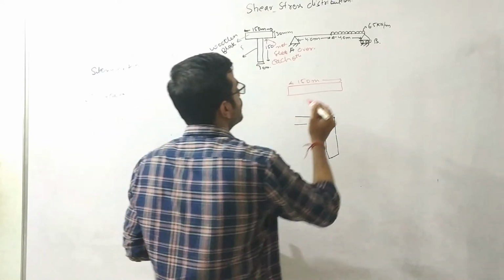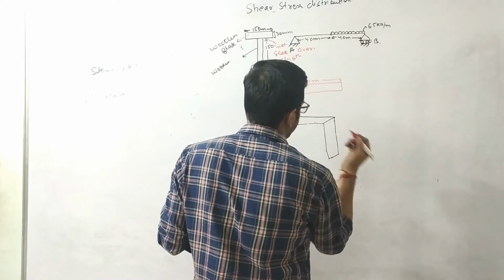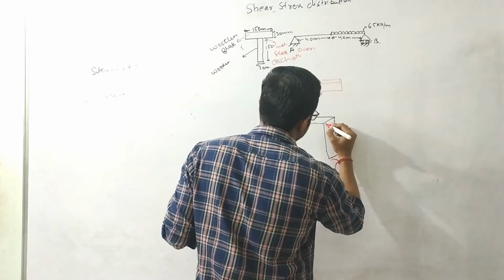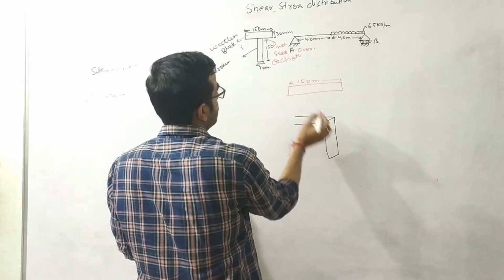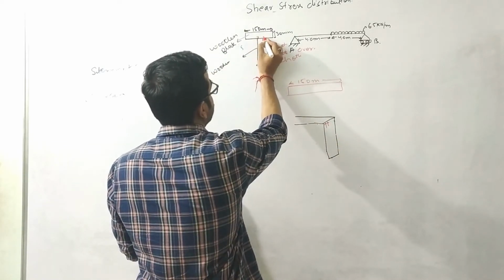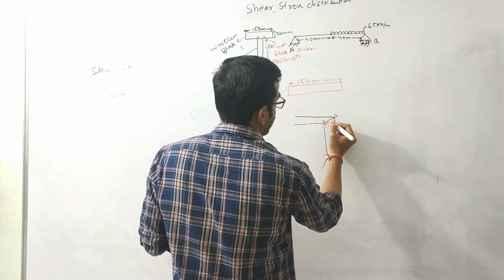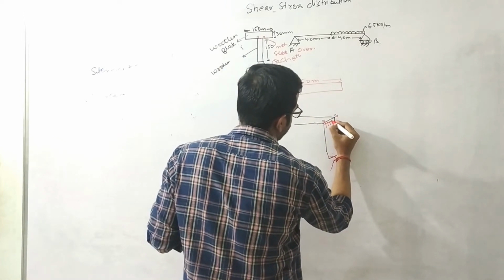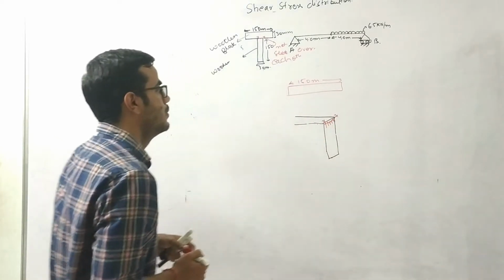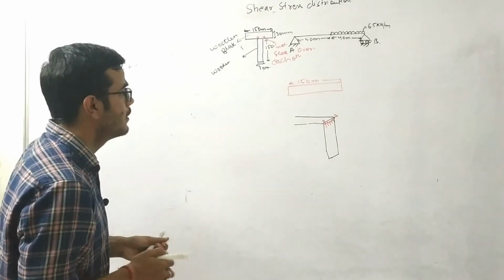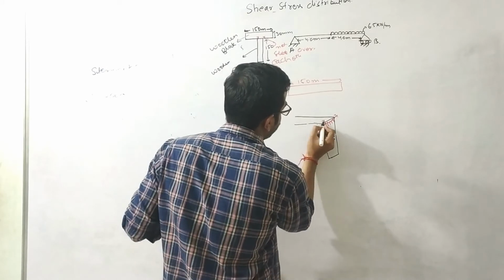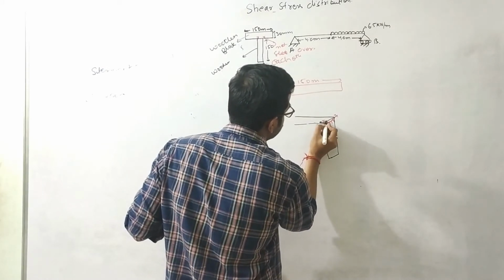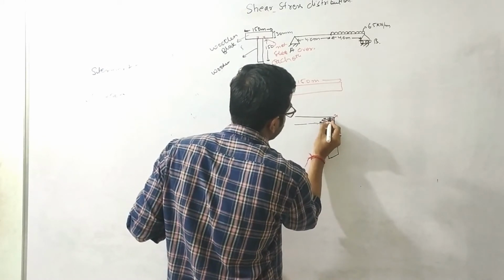Due to some shear force, I don't know what the direction of the shear force will be. Let us suppose this is the same portion, this is XX and this is XX. At this portion, my vertical shear will look like this. And as per the complementary theorem, my horizontal shear stress will look like this.